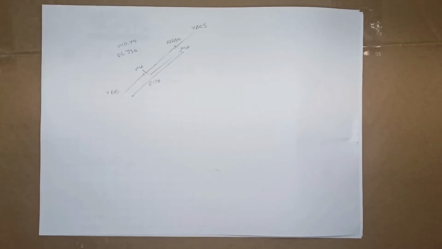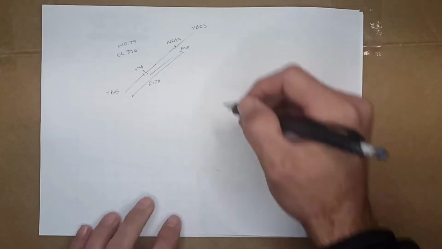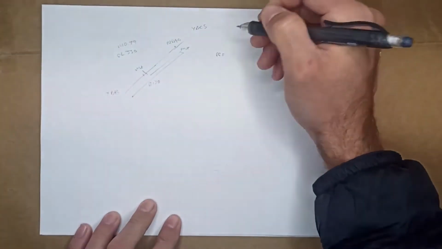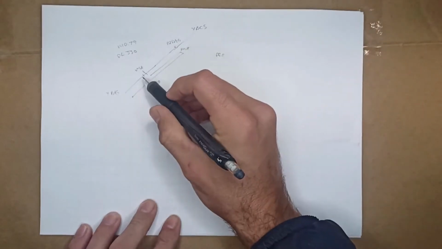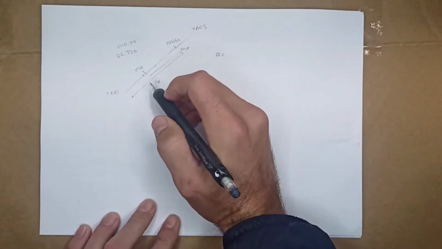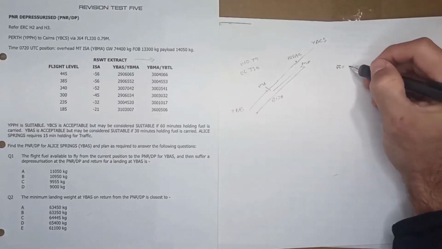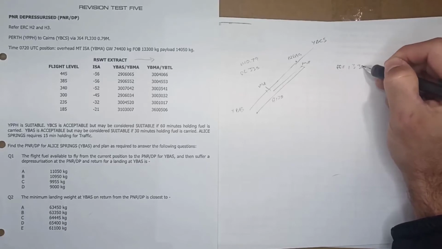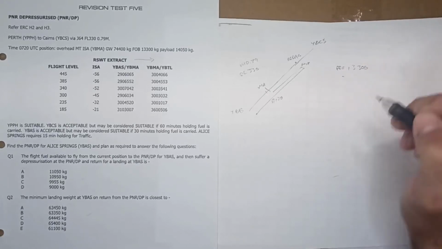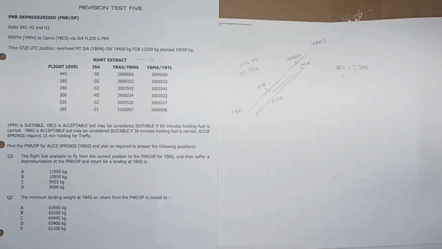It's a PNR, so what we're going to do straight away is find out the flight fuel available. The flight fuel available is the current fuel from overhead the position, which is 13,300. We're going to take away our fixed reserves and our holding reserves and any sort of reserves that we require.